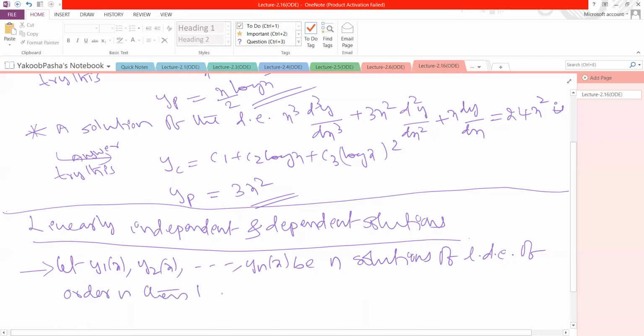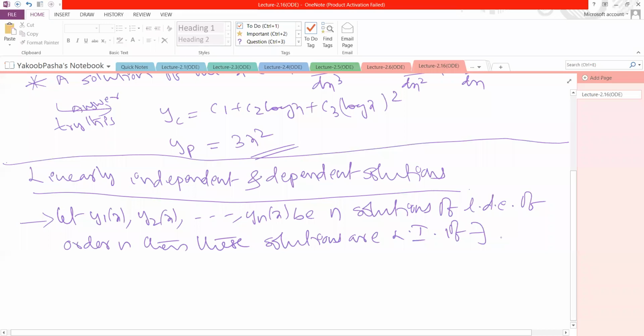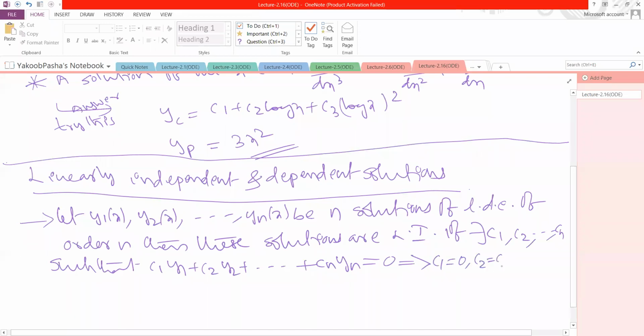Then these solutions are linearly independent if there exist constants, we are taking n corresponding constants, call them c1, c2, up to cn, such that the linear combination c1 y1 plus c2 y2 plus up to plus cn yn is equal to 0 implies every constant is 0. c1 equal to 0, c2 equal to 0, and so on, cn equal to 0.